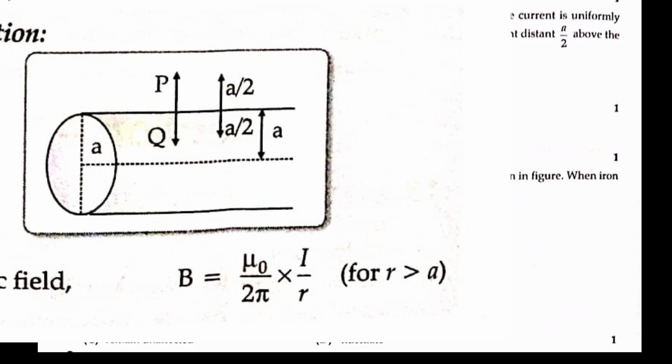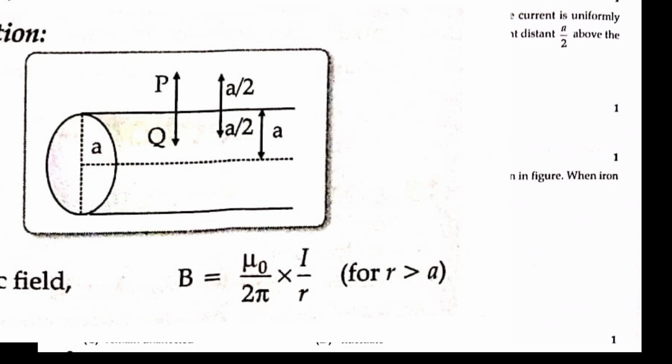So A by 2 above, here we can draw this A by 2 above, and from the center A by 2 below, and A is the radius of this wire. Now we have to find the ratio, that is the magnetic field at P divided by magnetic field at Q.